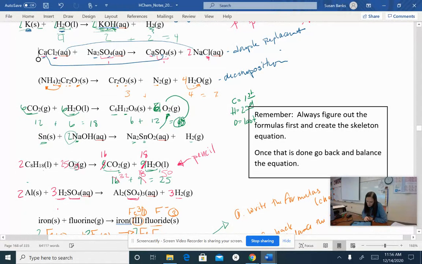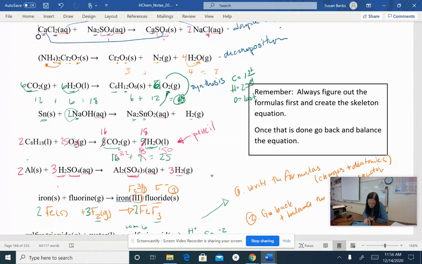Okay, so here I have carbon dioxide and water getting together to make sugar and oxygen. This is synthesis. This is photosynthesis. Okay, and tin and sodium hydroxide, and then I get sodium tin oxide and hydrogen. I've got some relatively simple things, and I'm creating a more complex thing.